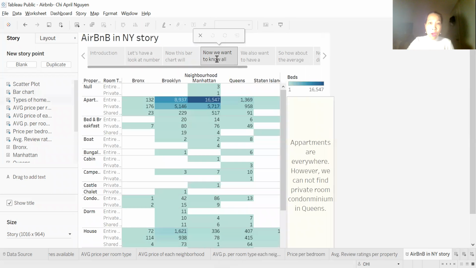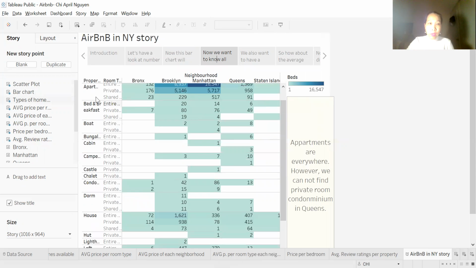Okay, and now we want to know the availability of room types in the 5 neighborhoods. For example, as you can see here, the apartments are everywhere.